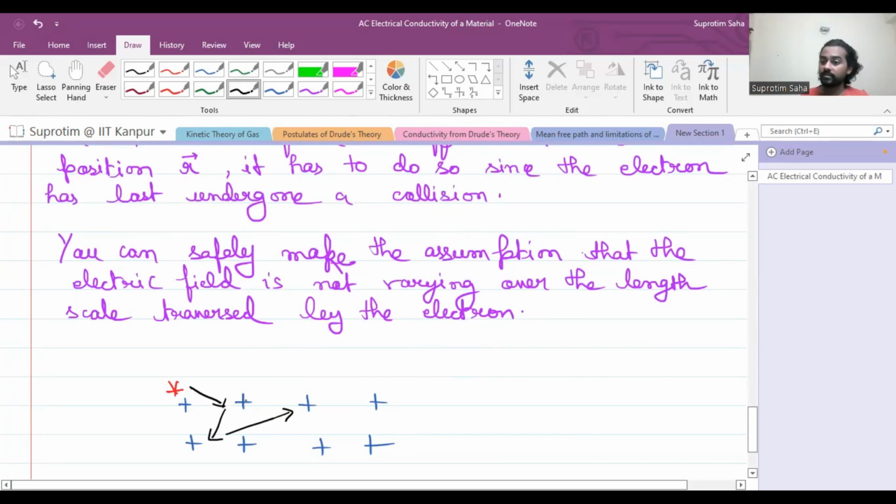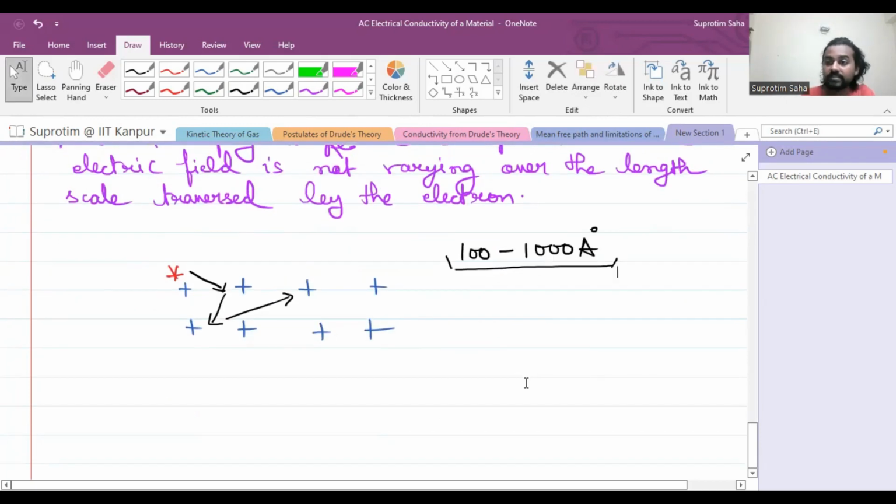In between this length scale, you can safely approximate that the electric field is not varying. On the last day, the length scale we talked about is 100 to 1000 angstrom. The electric field for visible light satisfies this criterion.